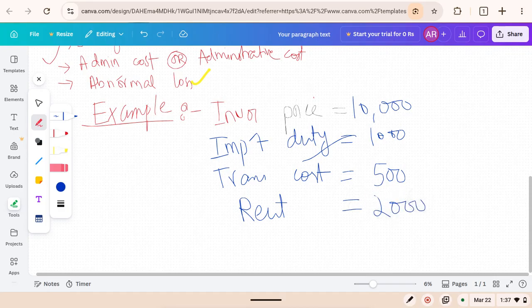Now you have to choose which one will be the part of cost and which one will not be the part of cost.